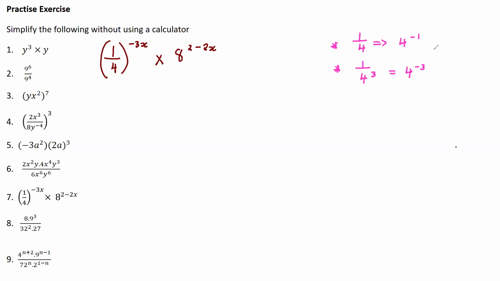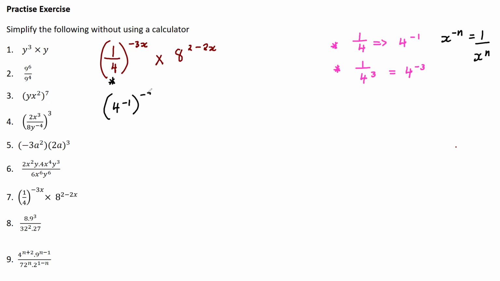So the rule that follows is that if I say x to the power of -n, it can be written as 1 over x to the power of n. So I can quickly, on this part, say 4 to the power of -1.